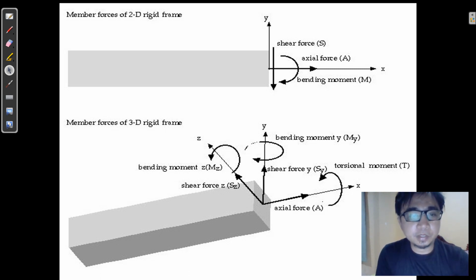For member forces of a 3D rigid frame, the same scenario applies, but we'll just view it in a three-dimensional manner.